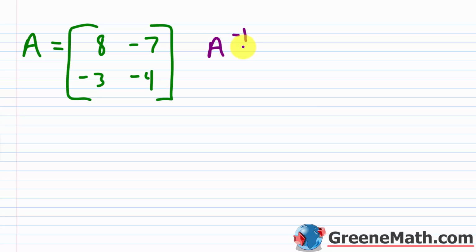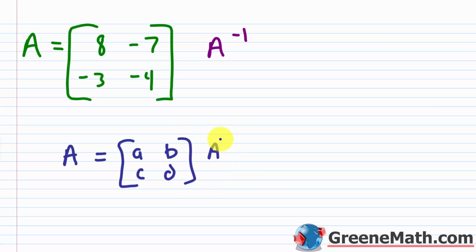Again, if you didn't watch the last lesson, let me give you the shortcut real quick. If we have A, and let's define the entries to be lowercase a, lowercase b, lowercase c, and lowercase d, then if I want A inverse, all I need to do is put 1 over the determinant of A. We haven't talked about this yet, but it's very easy to find.